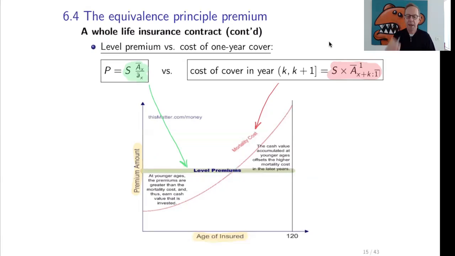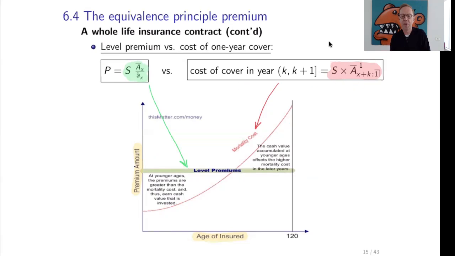If we look at the second approach, where we take the cost of the cover from year to year, then our mortality cost, the 1-year life insurance premium that we pay, will be increasing over time. Why is that? Because a 1-year life insurance premium is an increasing function of k.